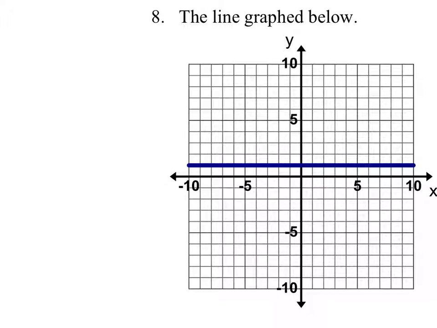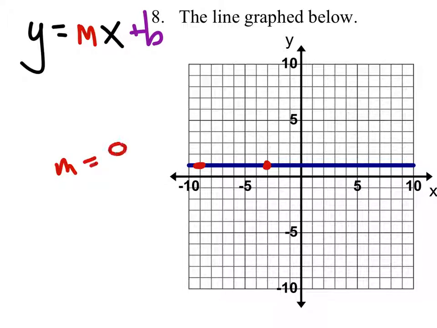All right, we'll write the equation of this line. We should have it in slope-intercept form, y equals mx plus b. And to find the slope, it doesn't matter which 2 points we choose. These 2 will work. I can see that my rise right here is 0, and then I would go to the right 6. 0 divided by 6 is 0, so my slope is 0.